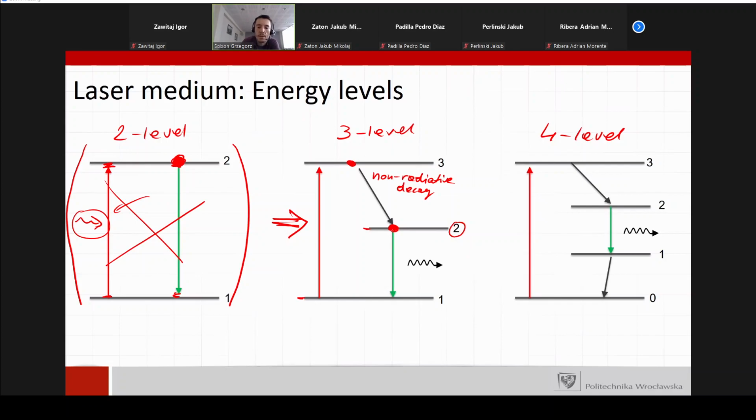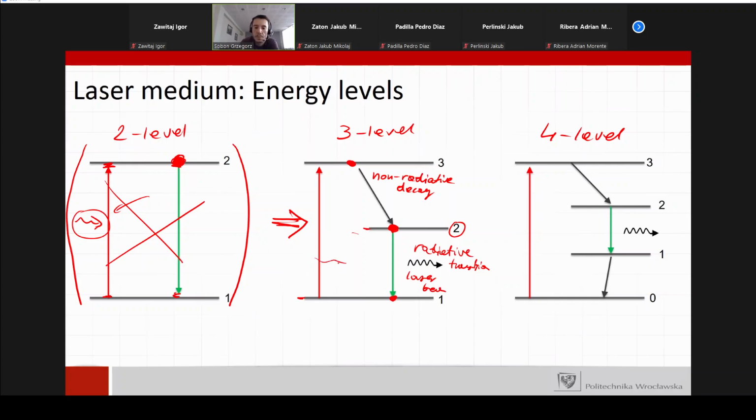And now from this level, the atom emits a photon. So it decays to the ground state, and we have a radiative transition. So this is the laser beam, if we also have the feedback.